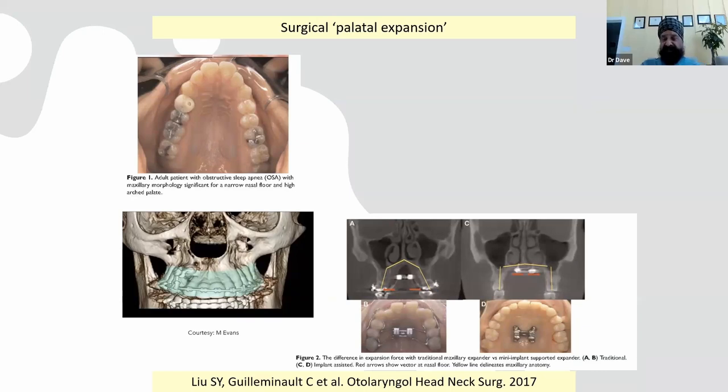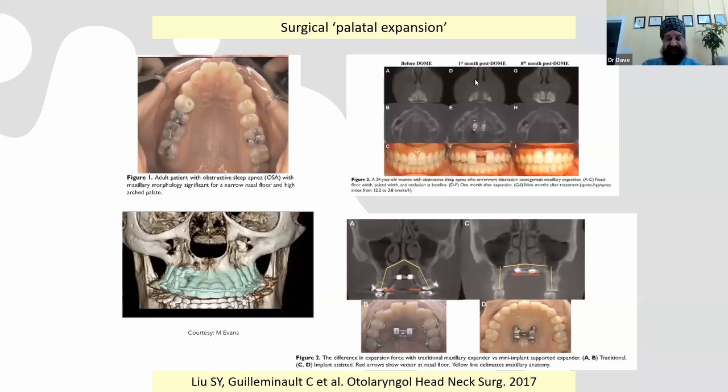I love the principle, but the outcome was kind of interesting because yes, they did get splitting of the suture. This is a kind of a symmetric fracture of the maxilla. It's been widened. The sutural spaces have opened, but unfortunately, you do get a dentoalveolar change because the teeth are going to go for a ride with the maxillary bone in which they are attached.